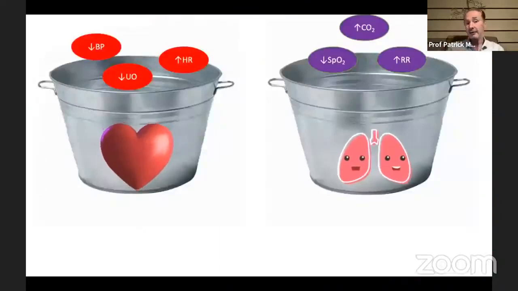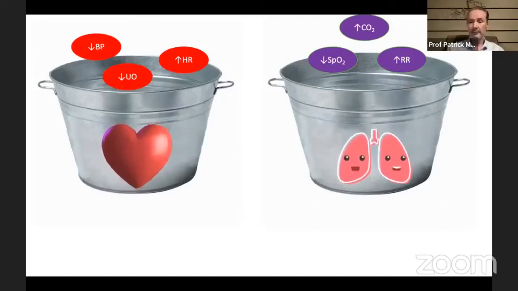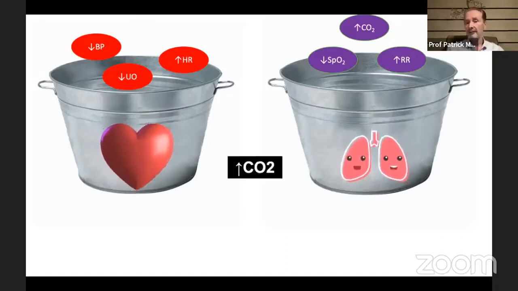Well, I think the first thing we need to recognize, and I mentioned this earlier, is that we have this habit of compartmentalizing symptoms, such that low blood pressure, tachycardia, decreased urinary output we consider as heart symptoms; hypoxia, increased CO2, increased respiratory rate, we consider them to be lung symptoms. So when your blood gas shows that the CO2 is elevated, what do most people do?